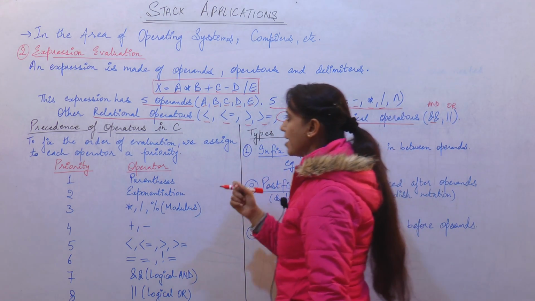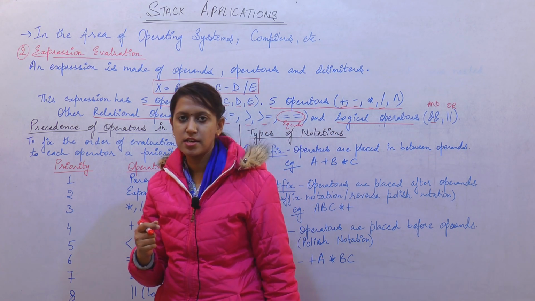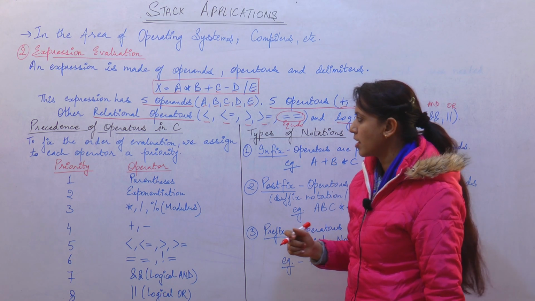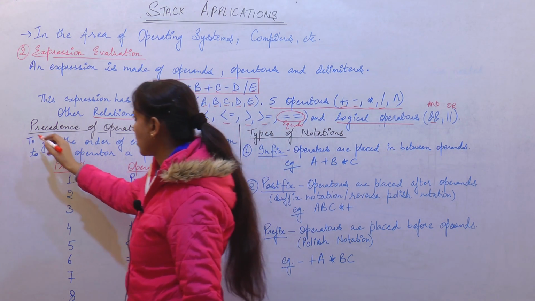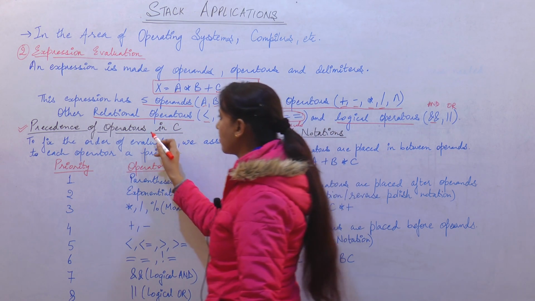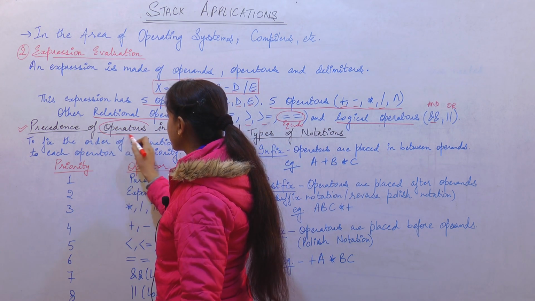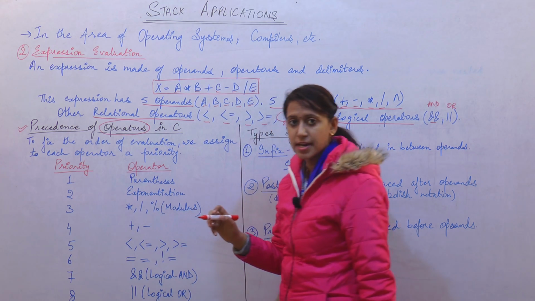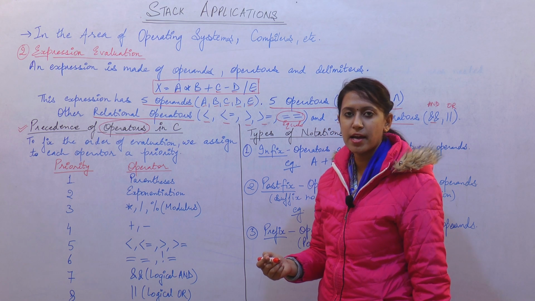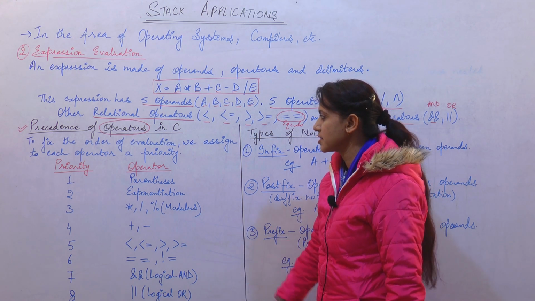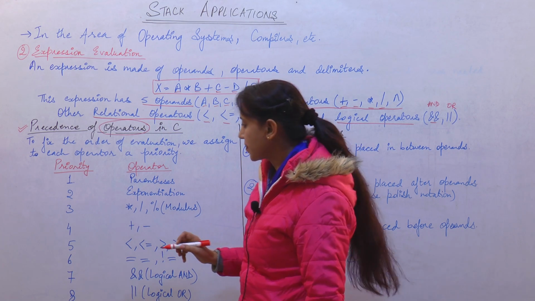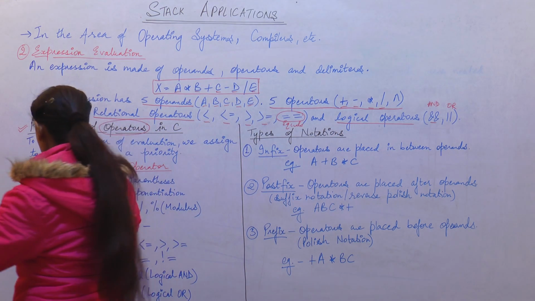Now to evaluate any given expression, we will follow a precedence rule. The precedence rule will be applied on the operators. The precedence rule states that the operator with highest priority will be evaluated first and the operator with lowest priority will be evaluated last.